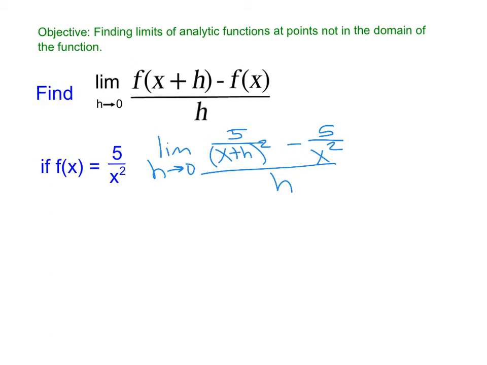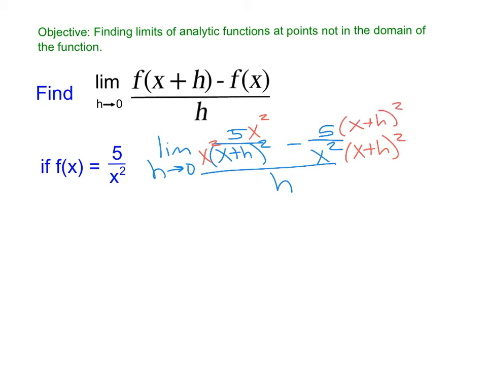So think about what we can do. What's something we know how to do with fractions? When I have a fraction, I can make a common denominator. So that's what we're going to do. This left side, I'm going to put in an x squared. Whatever I do in the bottom, I do in the top. The right one gets x plus h squared, x plus h squared.